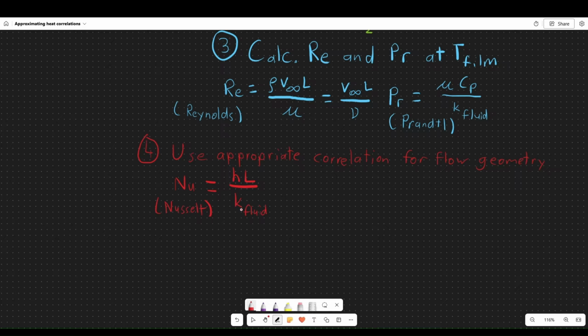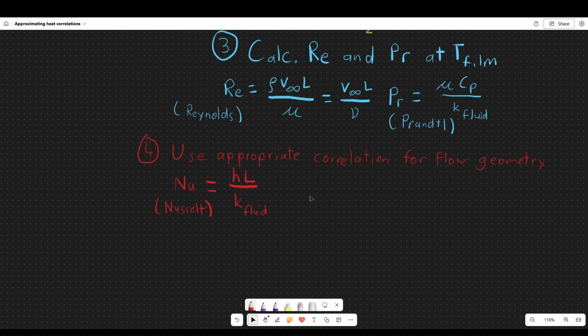And what it's basically describing is, okay, what kind of resistance am I getting from conduction versus convective resistance? We're comparing the two. And that's what the Nusselt number is. And this is the way we're going to get the H for this geometry.